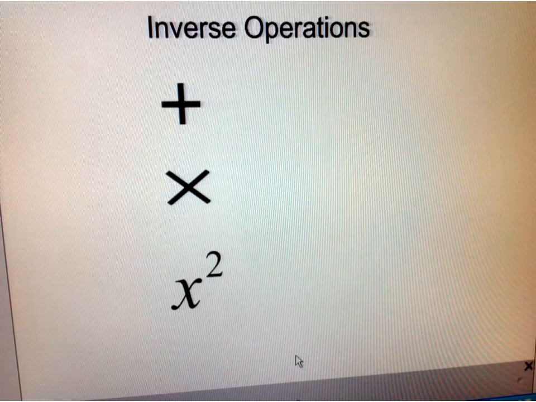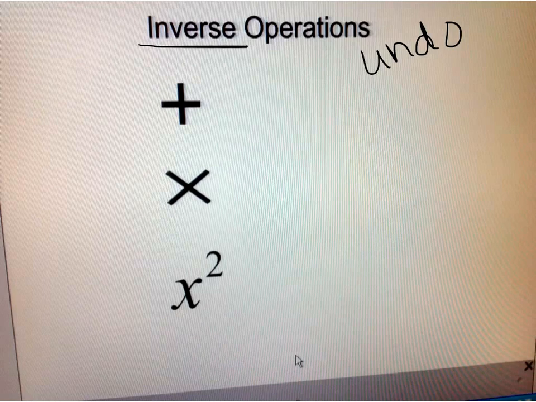Okay, we're going to shift gears just a little bit and remind ourselves what we mean by inverse operations. Remember, inverse operations undo an operation that we just used. So it gets us back to where we just were, back to where we started. So the inverse operation of addition, we remember, is subtraction. We undo multiplication by dividing.